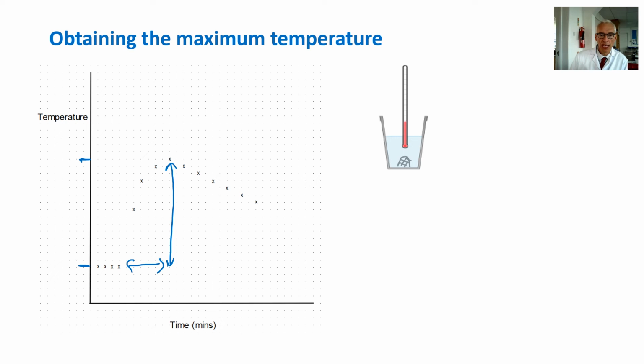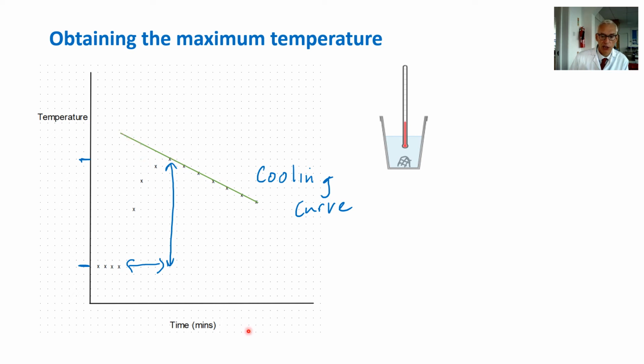So how do we obtain a better estimate of the maximum temperature? Well, we extrapolate from what's called the cooling curve. So we assume that that rate of cooling carries on during the first few minutes of the reaction.